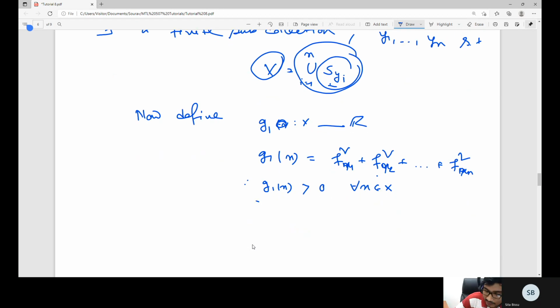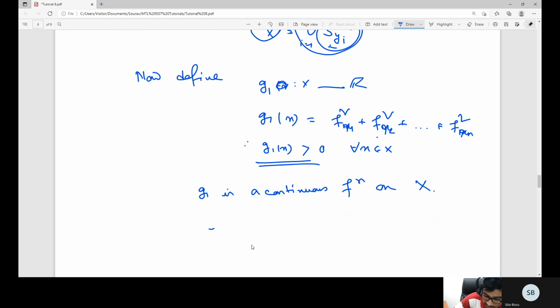Fine. Now you have g1(x) greater than 0. You also know this g1 is a real-valued continuous function on X, right? You also know the infimum of |g1| exists, because g1 is bounded, so its supremum and infimum exist.